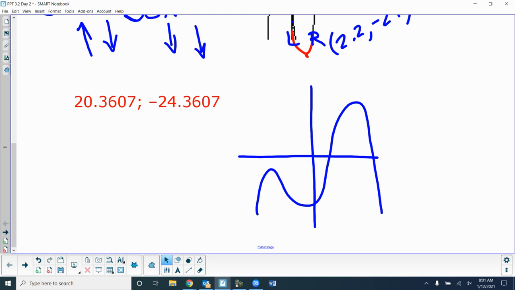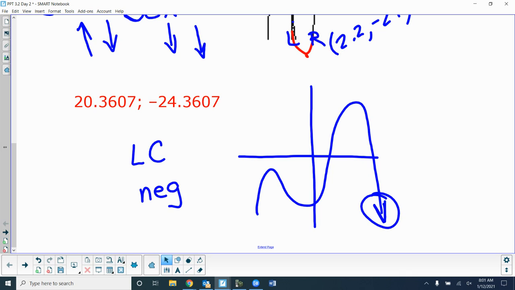What does the far left and far right behavior of the graph say about the leading coefficient of A? All right? Far right's going down, so what about the leading coefficient? Positive or negative? Negative. All right, so you just say that the leading coefficient's negative, because the far right was going down. Okay, that's how you do it for 10.